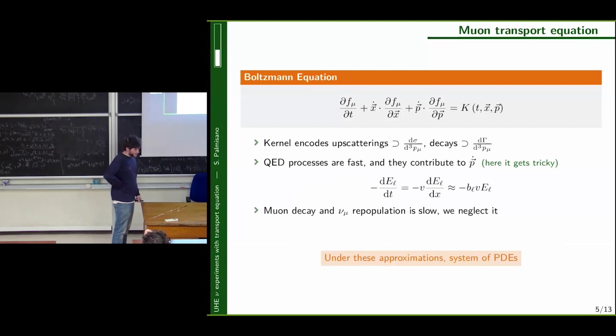Well, yes, that would complicate the matter a lot because the equation would not be differential. It would be integro-differential because the population of neutrinos depends on the distribution of muons or taus or whatever.